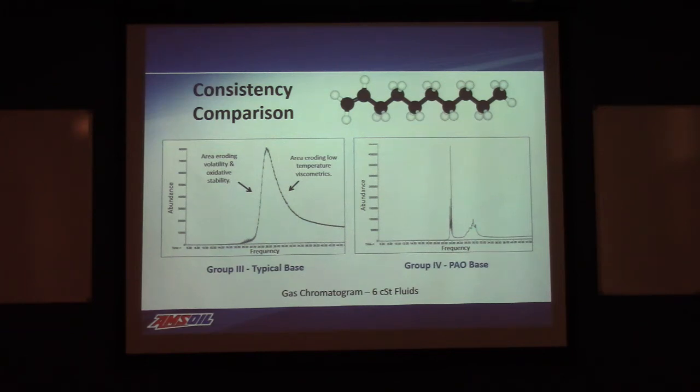Here is a comparison, same type of GC comparison, but what we've done is compared that group 4 PAO on the right with a typical group 3 synthetic. You see in the comparison here, they pretty much cleaned those or got the light fractions out, but still run into a little too much heavier fractions remaining in there. So that's why there's a difference on it.